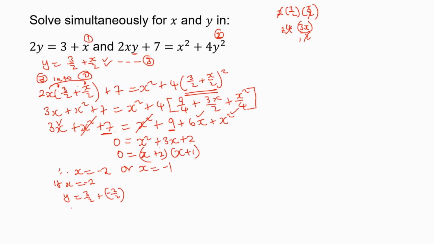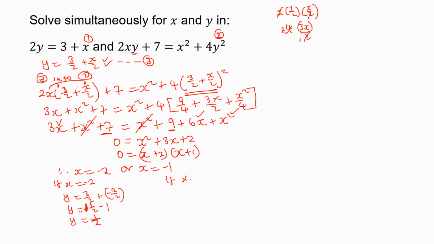Remember that, okay? 1.5. So y is equal to, let me write 1.5 so that it's easy for us. But you can use your calculator. 1.5 minus 1, because negative 2 over 2 is negative 1. So you remain with y is equal to half. You see that? y is equal to 1 over 2.